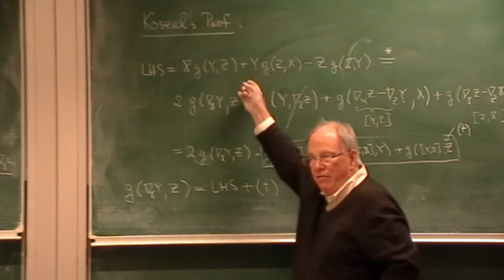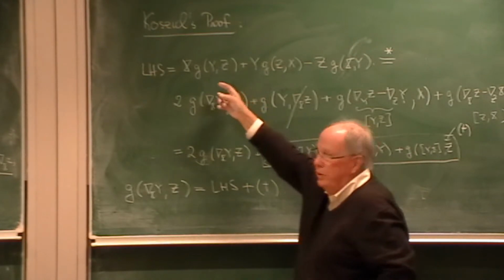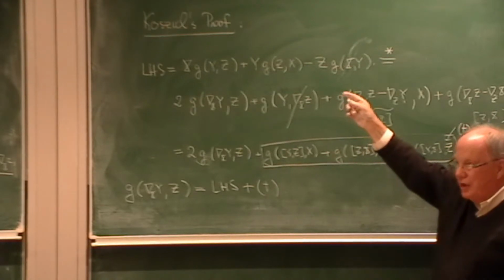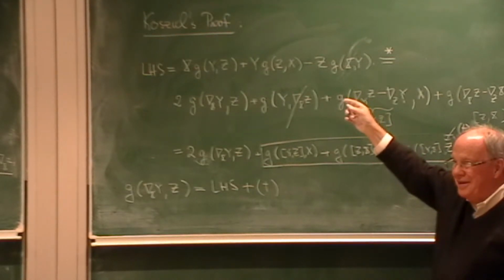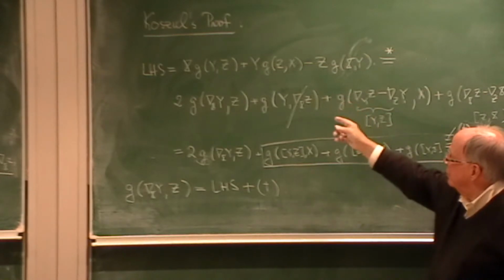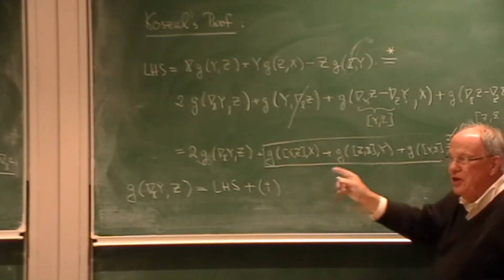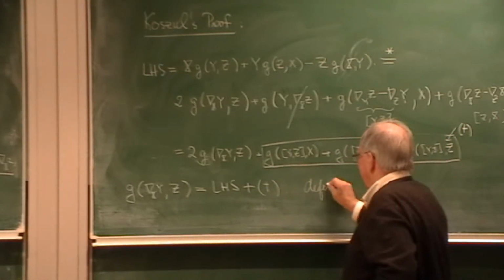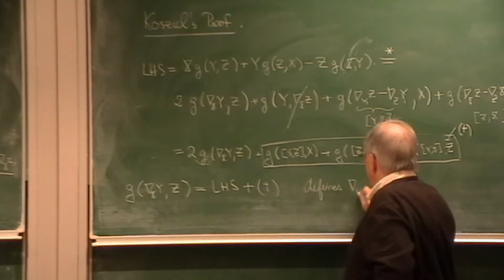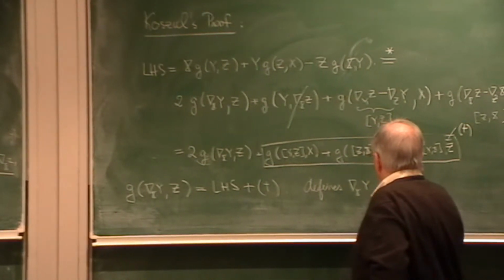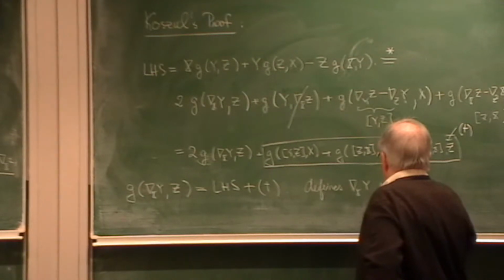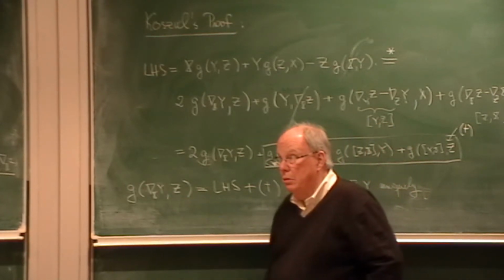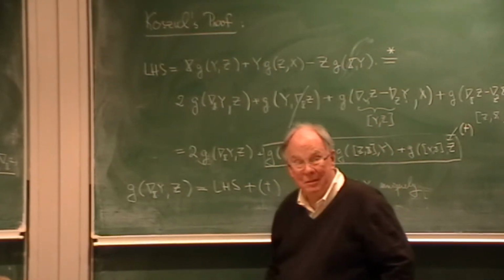The metric is on the right-hand side, the Lie bracket is on the right-hand side, but never the connection. This equation defines nabla x of y uniquely, because it's true for all z. Do you get it?